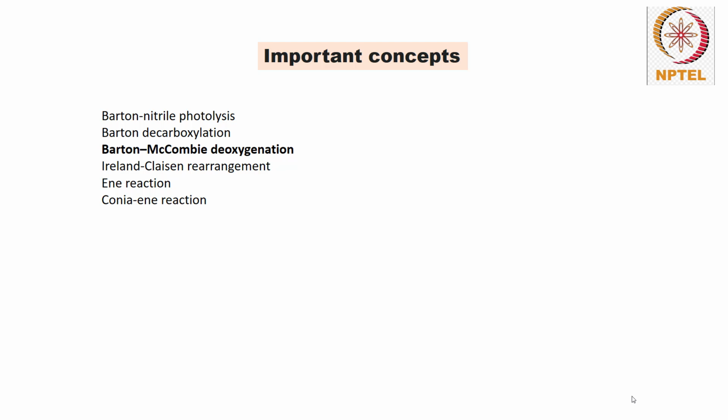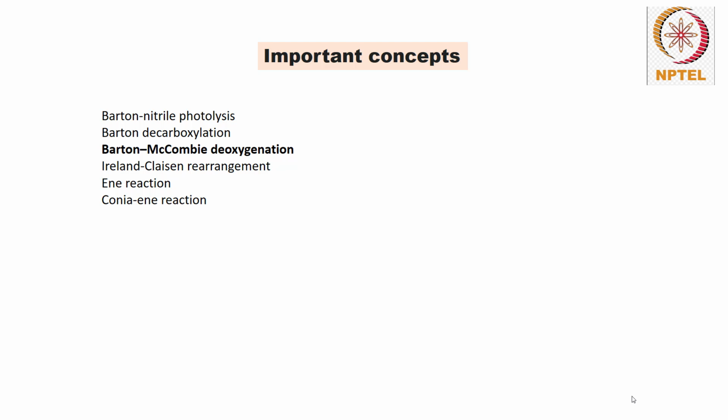Okay, my product looks like this, and from this type of substrate, if you are getting this type of product, which name reaction should we apply? Here I have taken some important name reactions which have been mentioned again and again in your previous assignments.